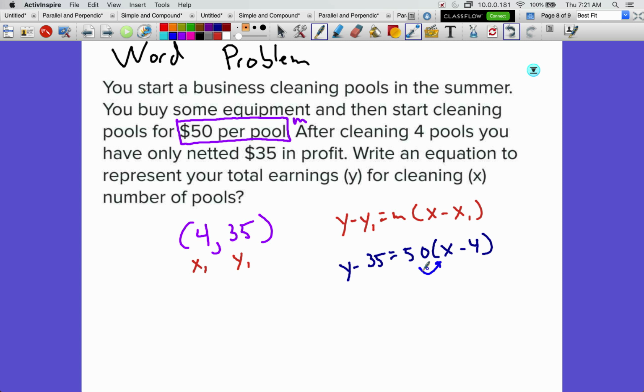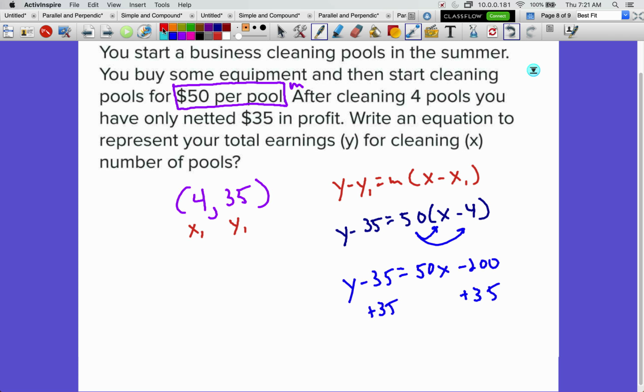So distribute the 50. Y minus 35 equals 50x minus 200. Add the 35 to both sides. And we get that our profits, y, will be equal to 50x minus 165.